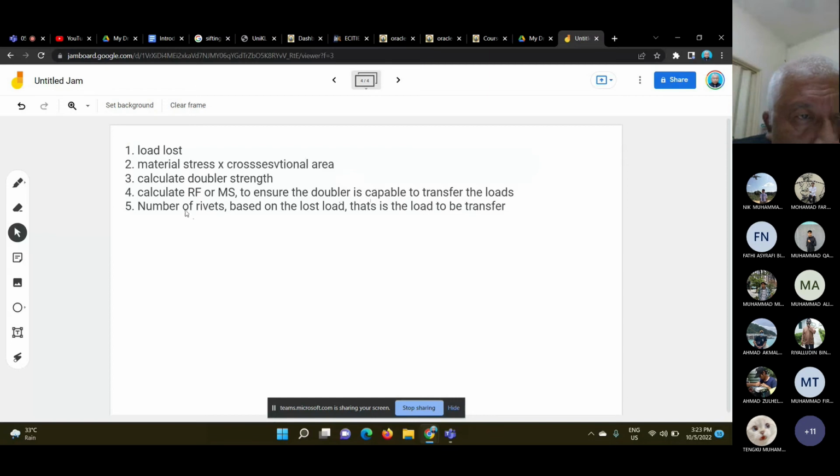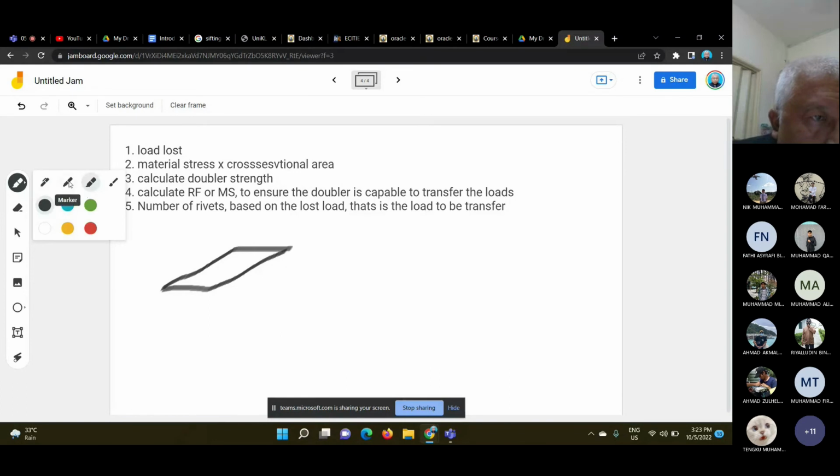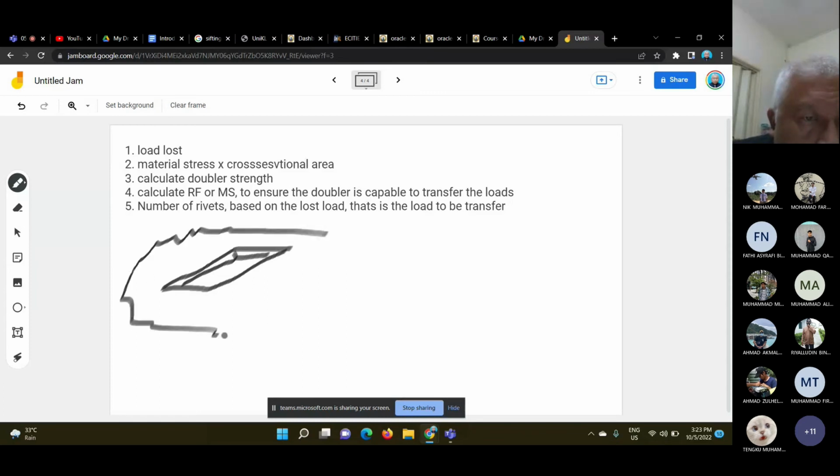So let's try to work out something. Say we have this cutout. And remember this is skin, so it has thickness. It's just part of skin. So here is the thickness.